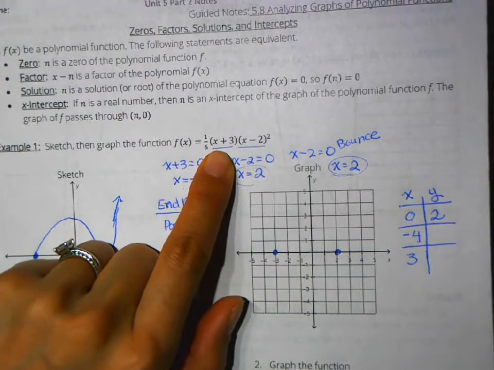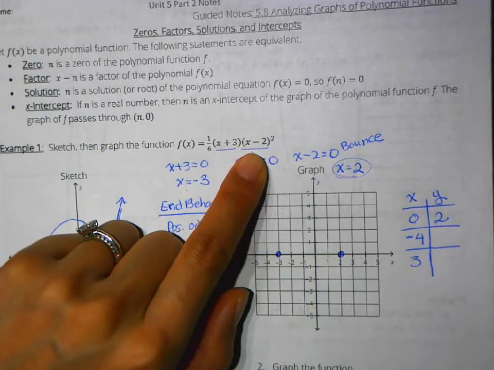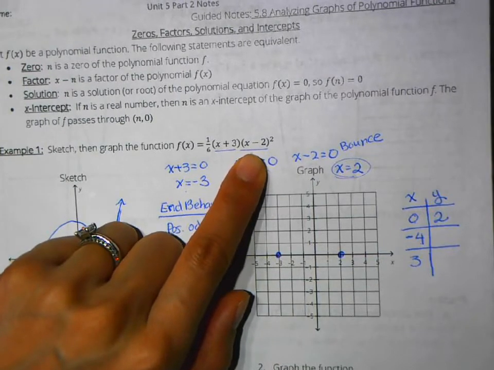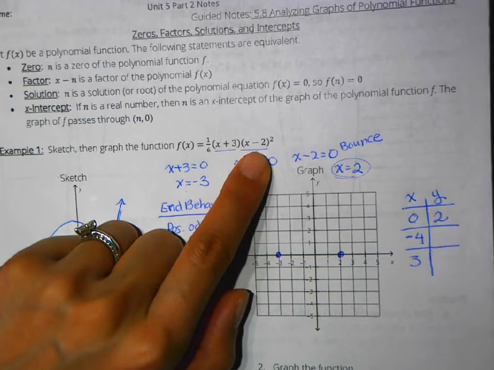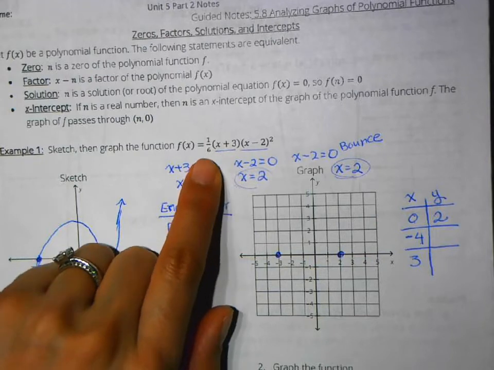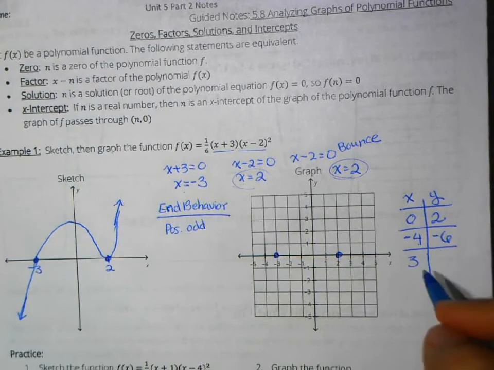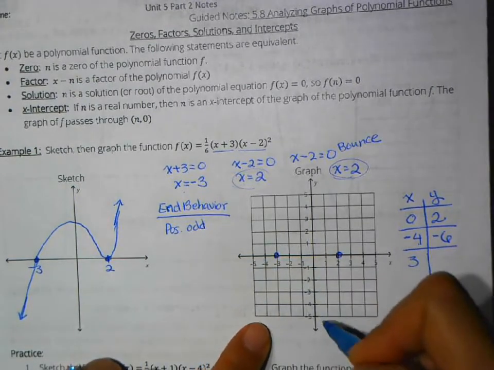Negative 4 plus 3 is negative 1. Negative 4 minus 2 is negative 6. So we have negative 6 squared is 36. 36 times negative 1 is negative 36. Negative 36 divided by 6, negative 6. So at negative 4, you'll be at negative 6.